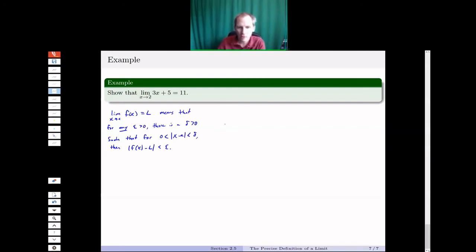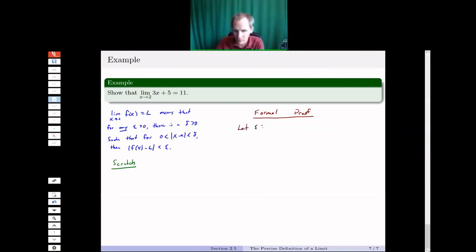The way that we go through this, I'm going to have my scratch work on the left, and I'm going to have my formal proof on the right. Okay, so for the formal proof, what we're going to do is start with a number epsilon.